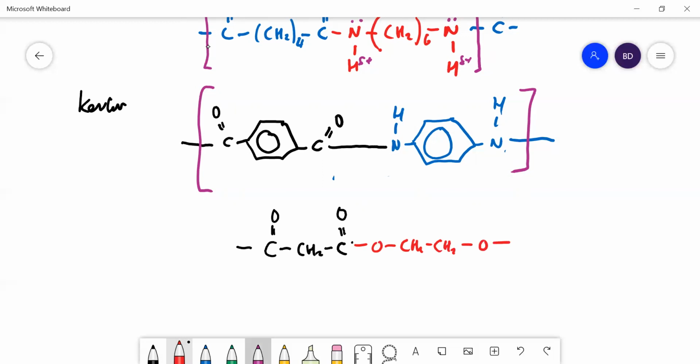There's a repeating unit. You're only going to get dipole-dipole interactions between different polyester chains, because there are no hydrogens attached to oxygen, like you have a hydrogen attached to a nitrogen on this one, don't you? So you will get dipole-dipole interactions, you get van der Waals, but no H bonding.